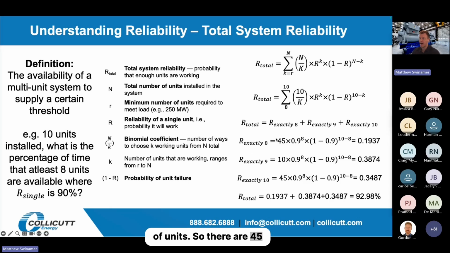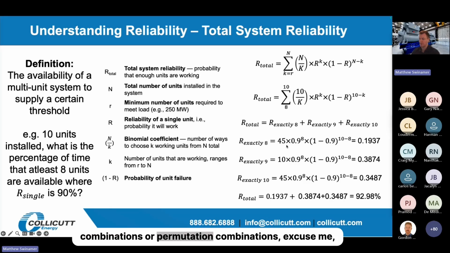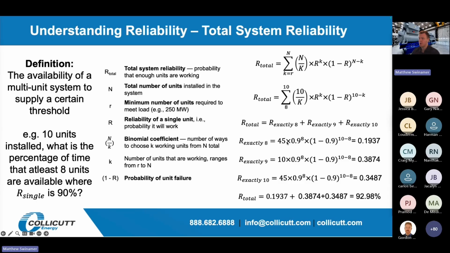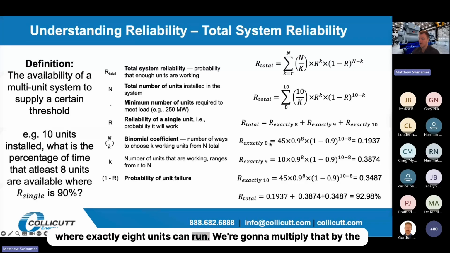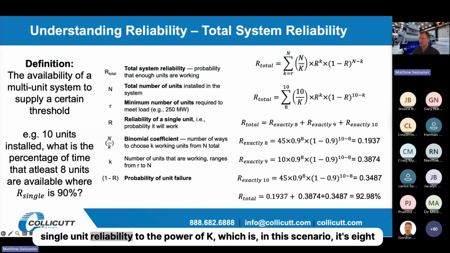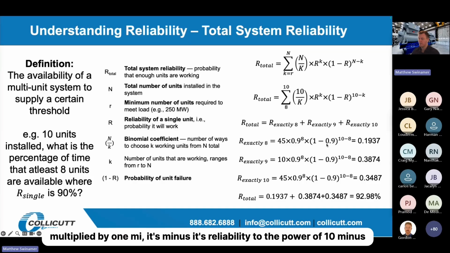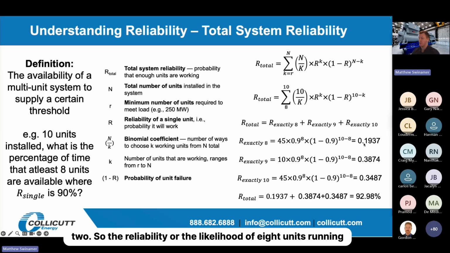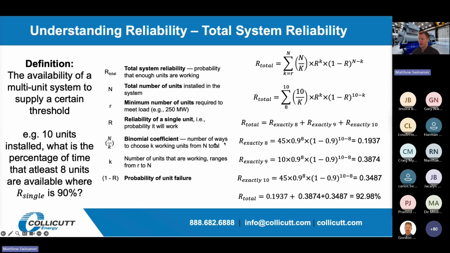There are 45 combinations where exactly 8 units can run. We multiply that by the single unit reliability to the power of K, which in this scenario is 8, multiplied by 1 minus its reliability to the power of 10 minus 8. So the likelihood of exactly 8 units running is 19.37%.